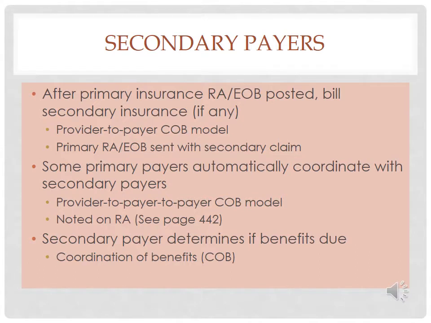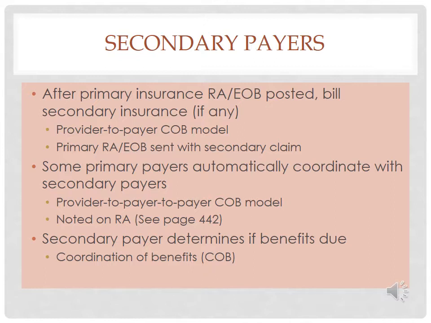Some patients have more than one insurance plan. Not all, but some do. And if that's the case, after the primary insurance remittance advice has come across our desk and we've verified everything, the next step, if there are any outstanding charges, would be billing the secondary insurance. Again, if that patient has another insurance plan.